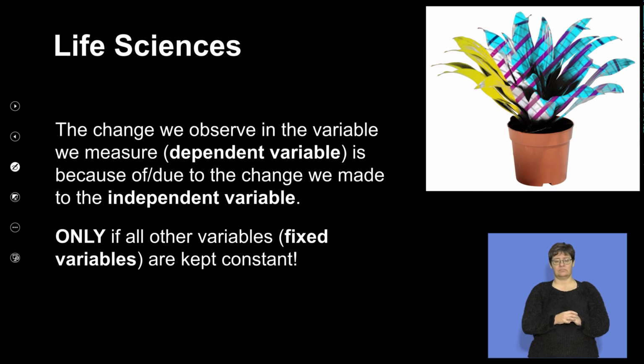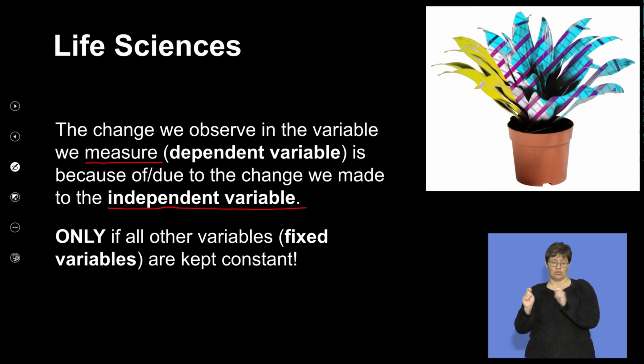Now, if there is a change, as they make the light brighter, the plant does lose more water, they will know our experiment is working. The change in what you measure, which is how much water is lost, is because they have changed the amount of light.